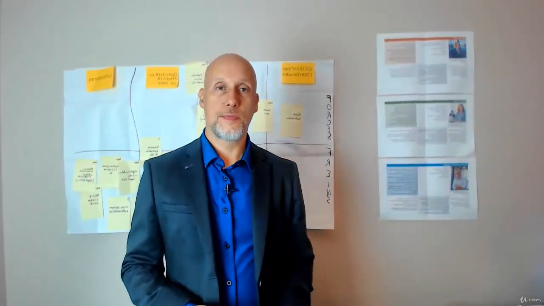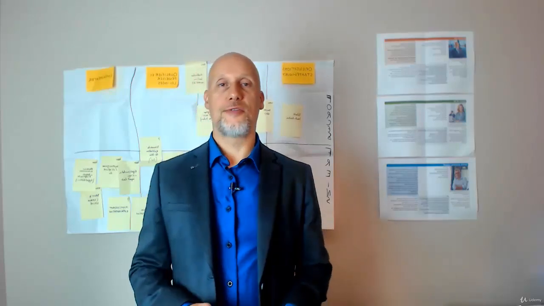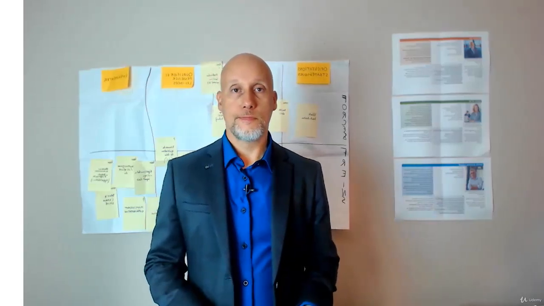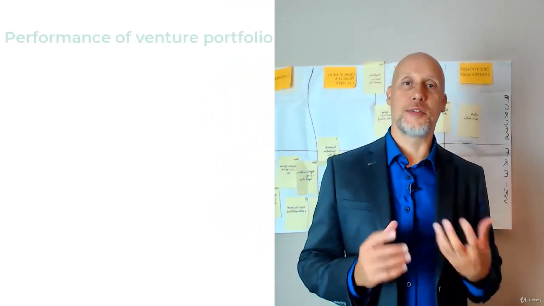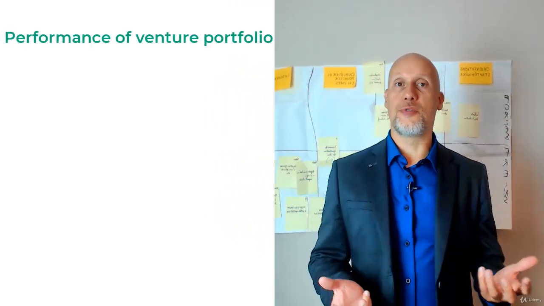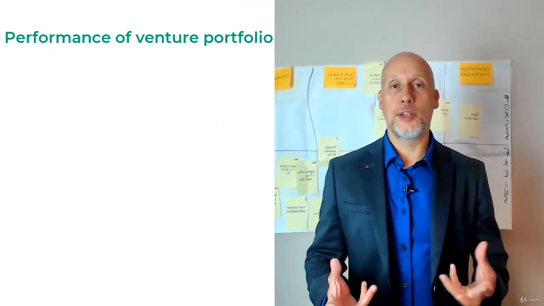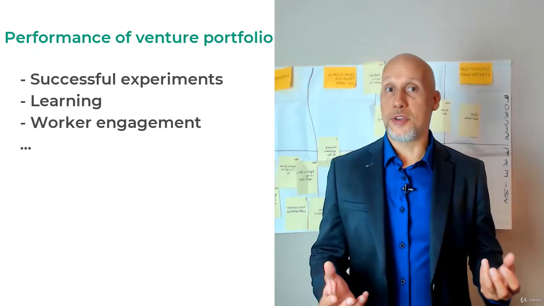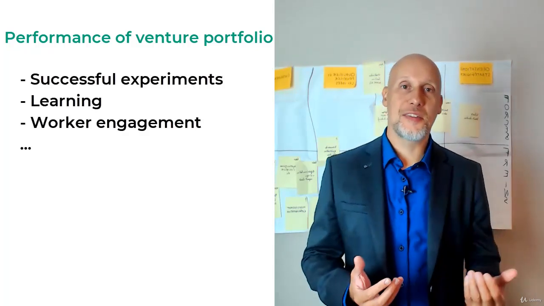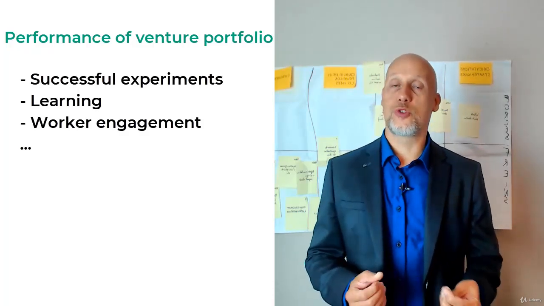We evaluate the performance of the venture portfolio to reflect, of course, what are the objectives of entrepreneurship and innovation in the organization. And typically there are at least 2, if not 3. The first one is having experiments that succeed and give birth to actual solutions.